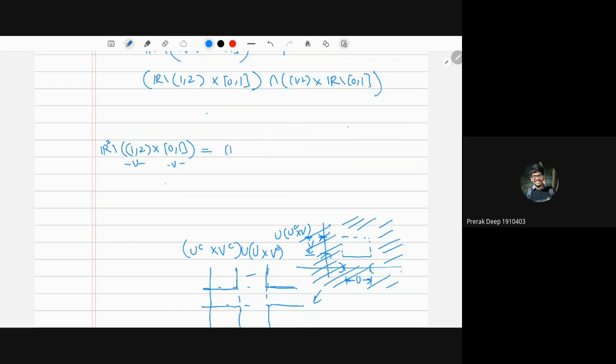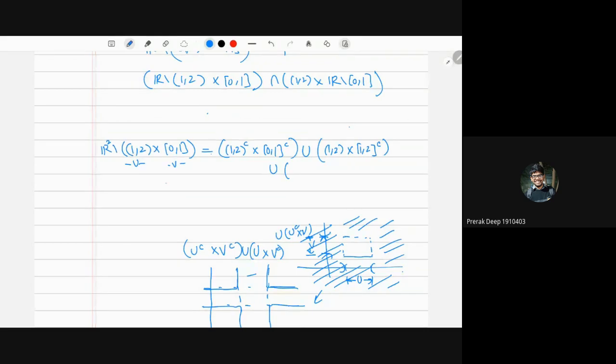So this will be the complement times this complement, this whole product, union with the open interval (1,2) times V complement, which is this complement, union with the (1,2) complement times the interval (0,1).